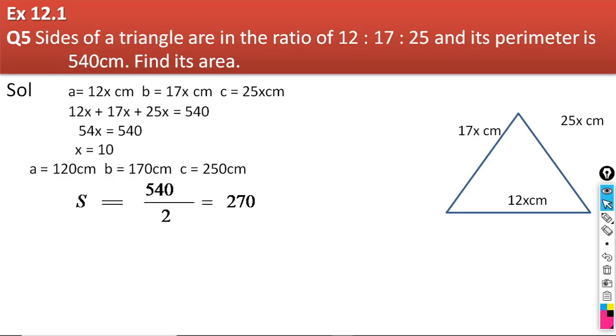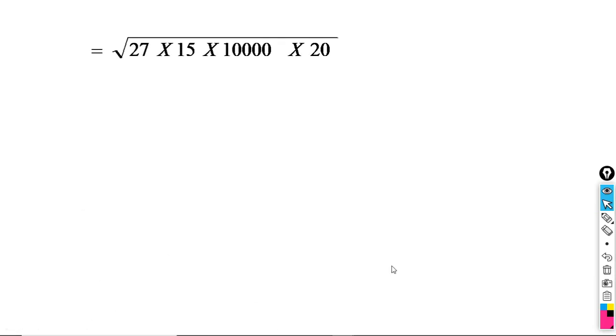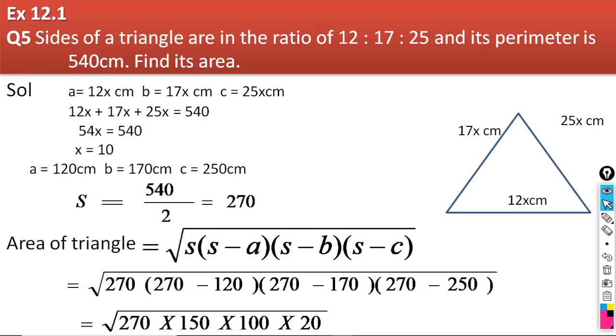For finding area, we find semi-perimeter, perimeter upon 2, 270, area of a triangle. Substitute the value of S, A, B and C. We get 270 minus 120, 270 minus 170 and 270 minus 250. By solving them, you'll get this value.